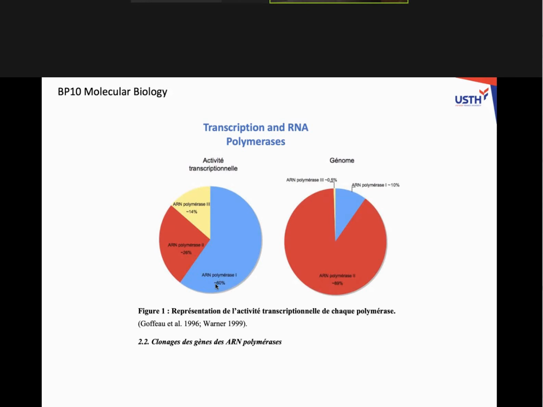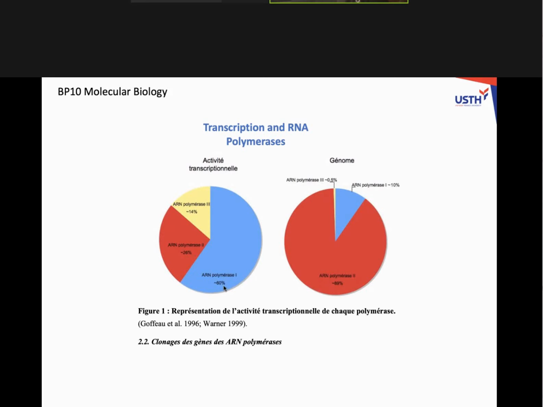You see it's written in percent. What they did to produce this kind of data is they quantified all the RNA produced by pol1, all the RNA molecules produced by pol2, and the RNA molecules produced by pol3.